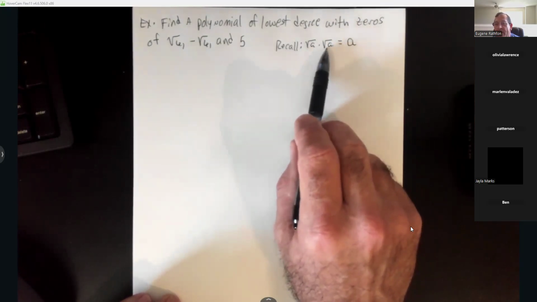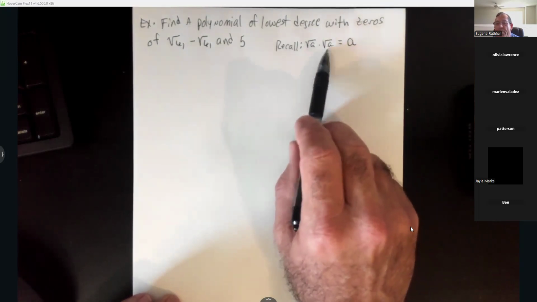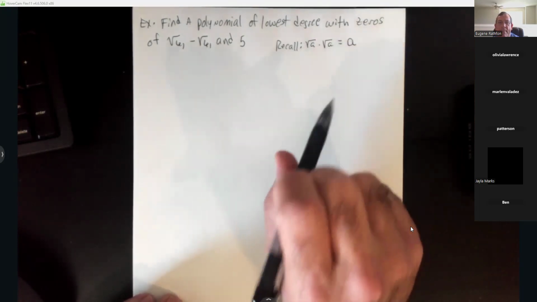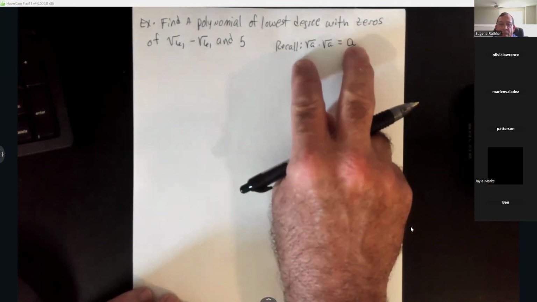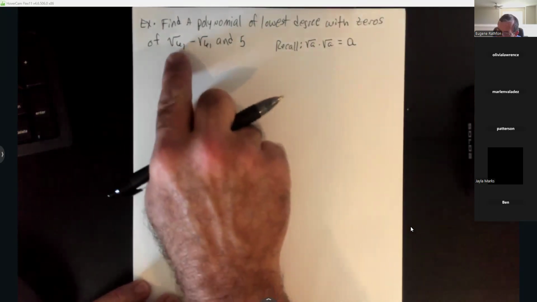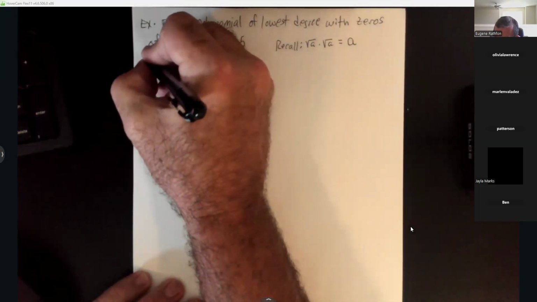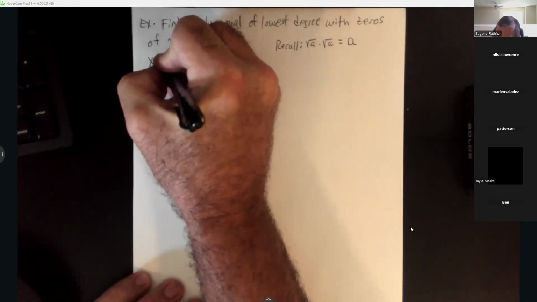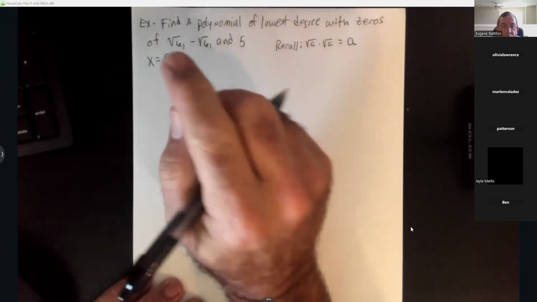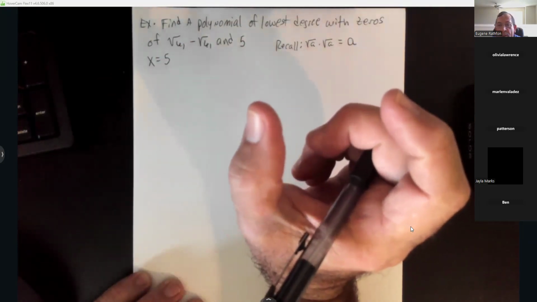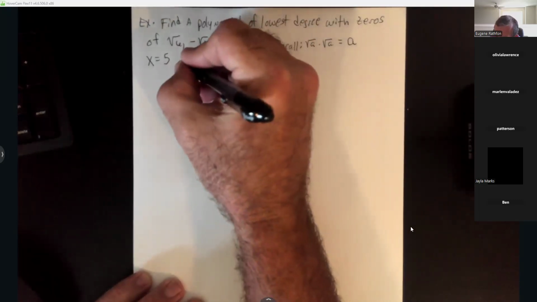So a radical times itself equals the number that was under that radical. That's good to recall on these. When I put these down, I'm going to put the 5 first because I'm going to multiply these radicals first on this one.